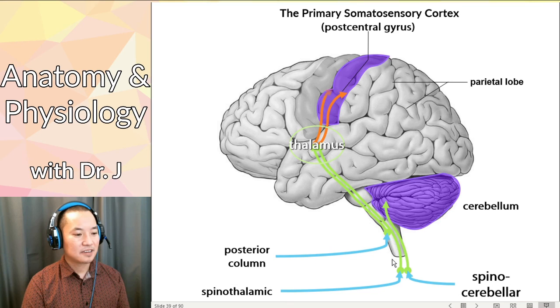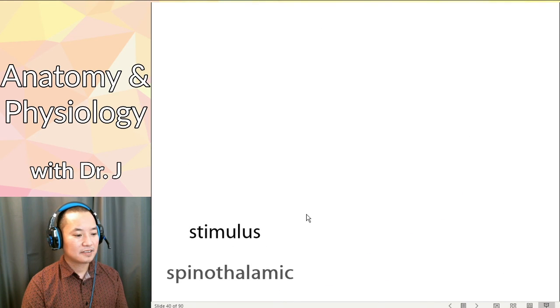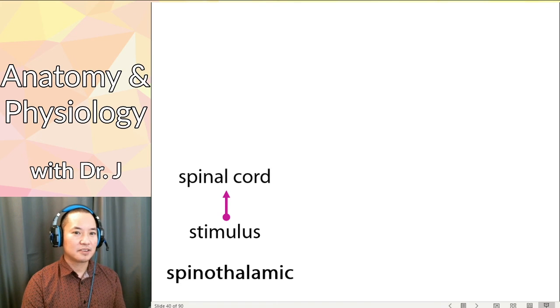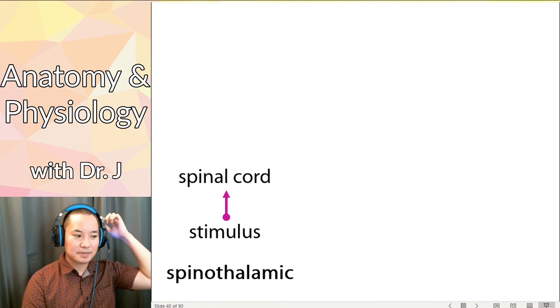And posterior column, again, a different pathway. It goes up to the medulla oblongata instead of synapsing at the spinal cord level. It goes up to the thalamus either way, and the thalamus relays it to the somatosensory cortex. Now, if you don't like the anatomical, this is a simplified schematic. So spinothalamic, again, going from stimulus all the way to the somatosensory cortex up here.